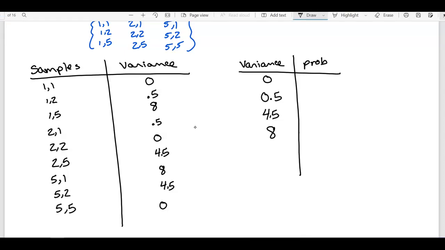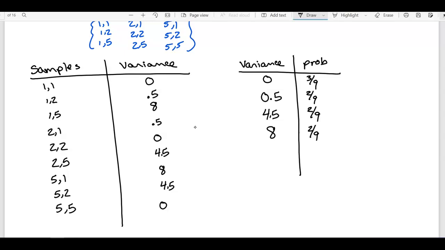So we have a probability of 3/9 to get 0, a probability of 2/9 to get a 1/2, a probability of 2/9 to get a 4.5, and a probability of 2/9 to get an 8. And if I add this, that gives me a 1, which means that I have found probability for each.